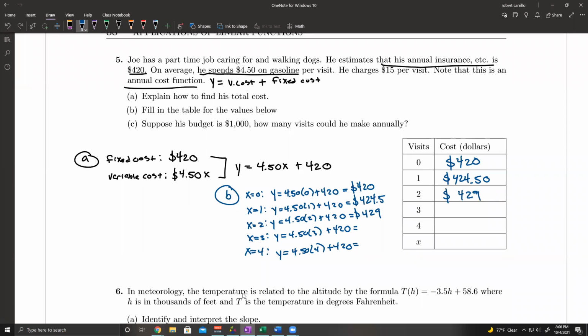And if he does 3 visits, what do we have? $433.50. Cool. And then if he does 4 visits, what do we have? $438. Okay, cool.